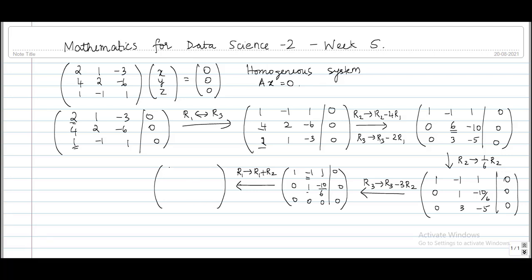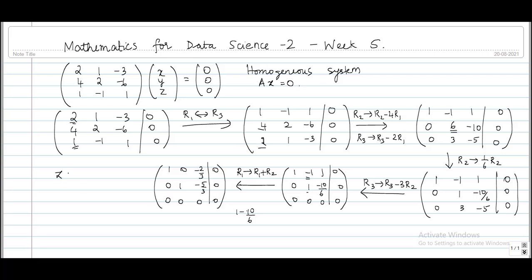So the new matrix is 1, 0, and then we have 1 minus 10 by 6, that will be minus 2 by 3, and then this will be 0. Here we will have the same entries. Again 10 by 6 can be written as 5 by 3, 0, 0, 0, 0, 0.